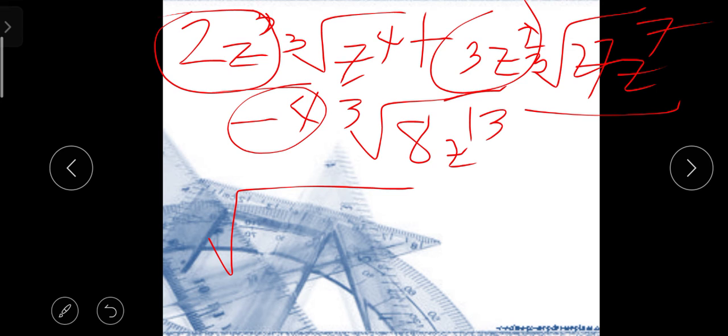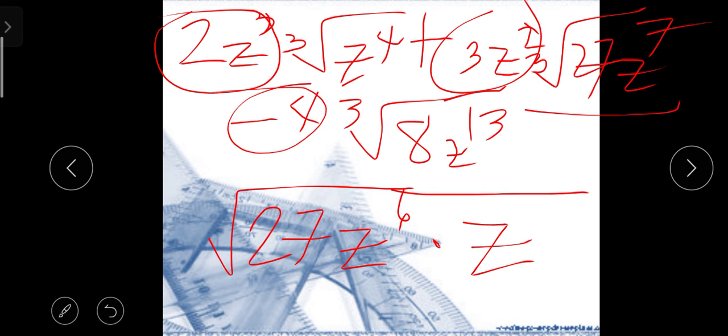Kasi pag titignan nyo lang siya sa book, baka malito kayo. So, we have 27 z raised to the 6th power times z. So, itong z na to, again, ay meron siyang automatic na exponent na 1. So, pwedeng hindi na natin isulat. So, meron tayong square root of 27, z raised to the 6th power times z.